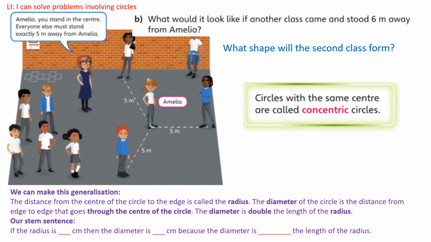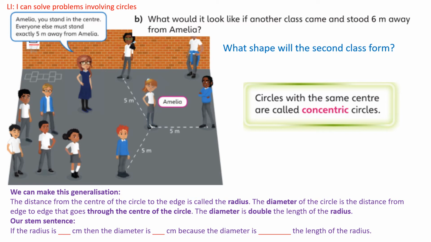So now another class is going to come and make a circle as well. But this time each child is going to be 6 metres away, but the centre is still at Amelia. So this new class, is their circle going to be bigger or smaller than Amelia's class?